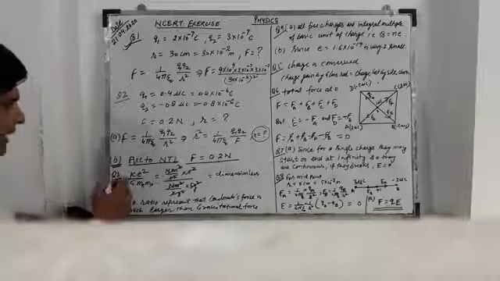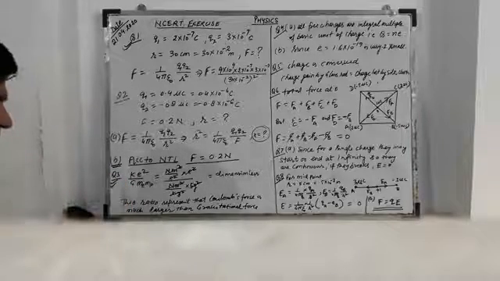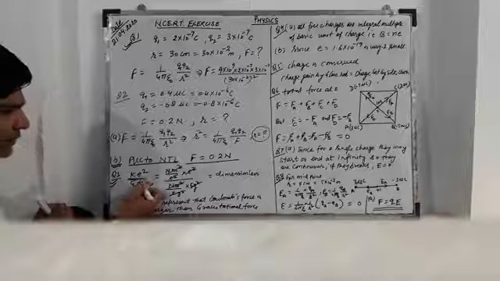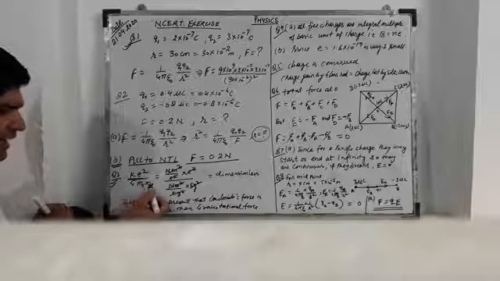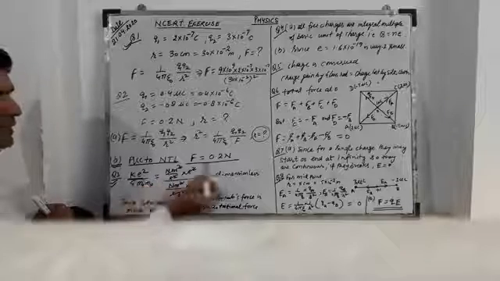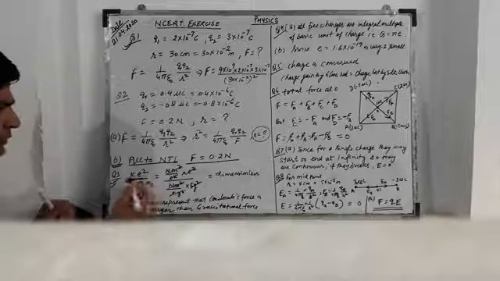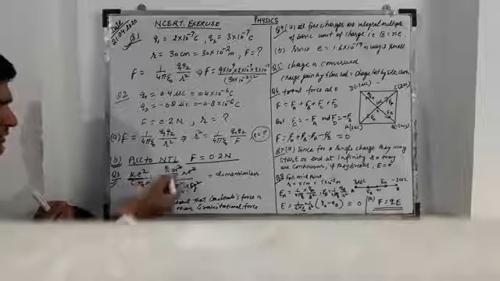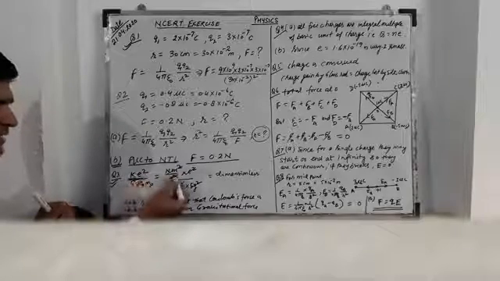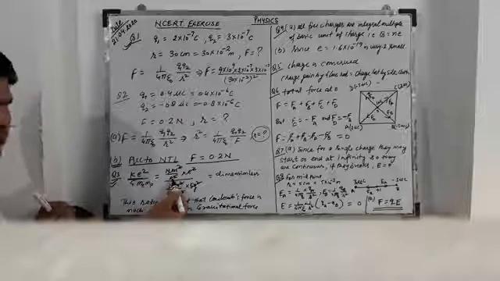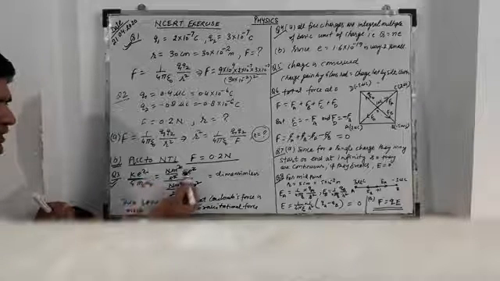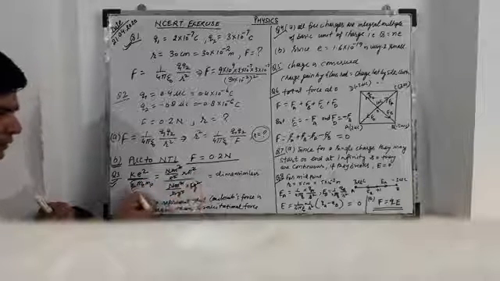Okay. In question number 3, the question is saying that the ratio k e square upon G me mp is dimensionless. So we apply the units of these quantities. You know that the unit of k is Newton meter square per coulomb square. e is charge and square is also there, so coulomb square.